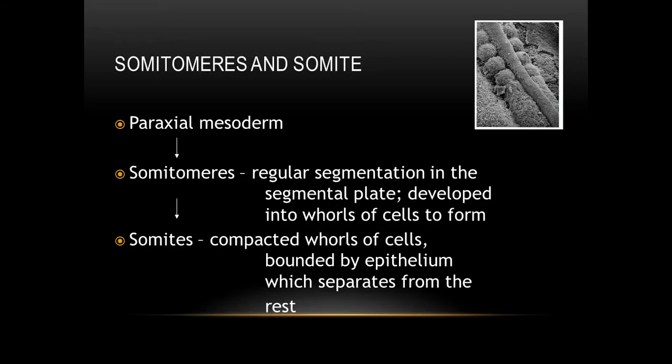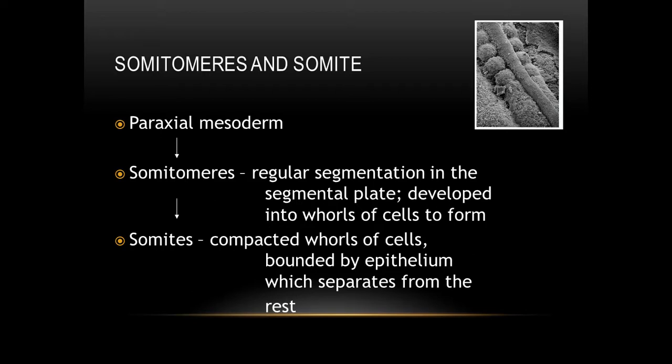It's been observed that the rostral part of developing embryos, the head portion or anterior portions of the neural tube or notochord to be more exact, are possessing on both sides of it regular segmentation.